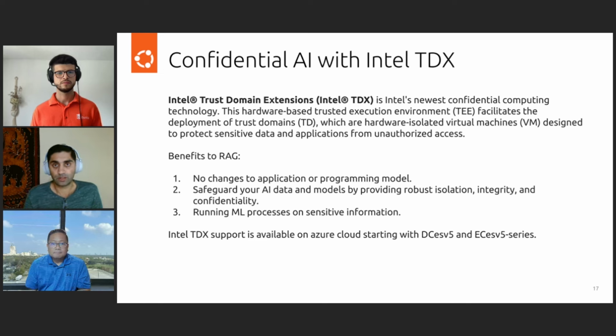Now, you might be wondering, why is all this relevant to a pipeline such as RAG? The very first reason I can see is that this is an extra layer of protection. So specifically in environments and workloads which require a high level of trust and confidentiality, this will be very valuable. And as I touched upon in my introductory slide, we believe in enabling accelerators implicitly with as few changes to the application as needed. For this particular accelerator, you do not need to make any application programming model changes.